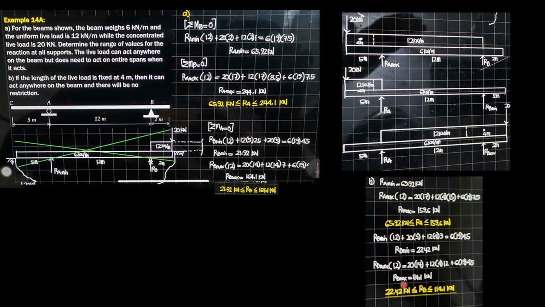Then we have RB maximum equals 114.1 kilonewtons. Therefore, the force envelope for reaction B in part B is 22.42 kilonewtons less than or equal to RB, less than or equal to 114.1 kilonewtons.